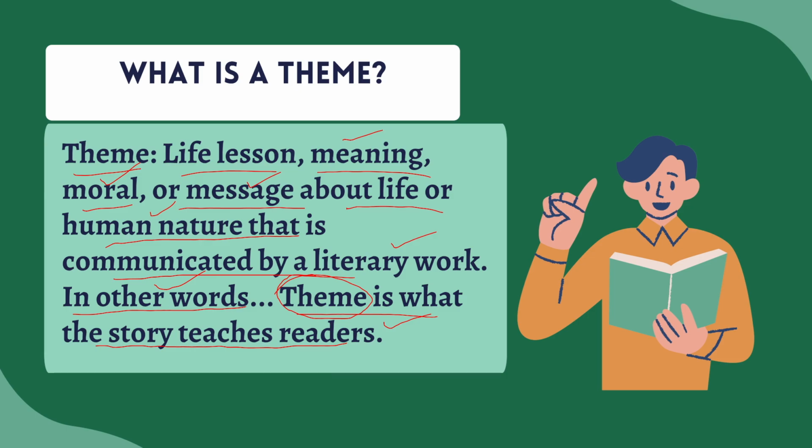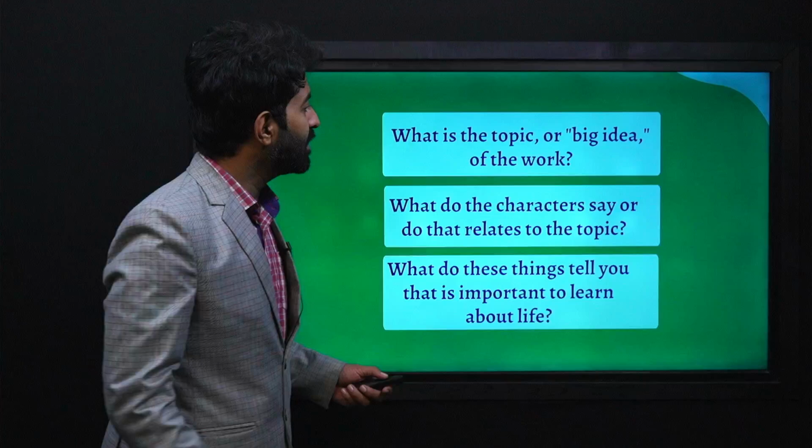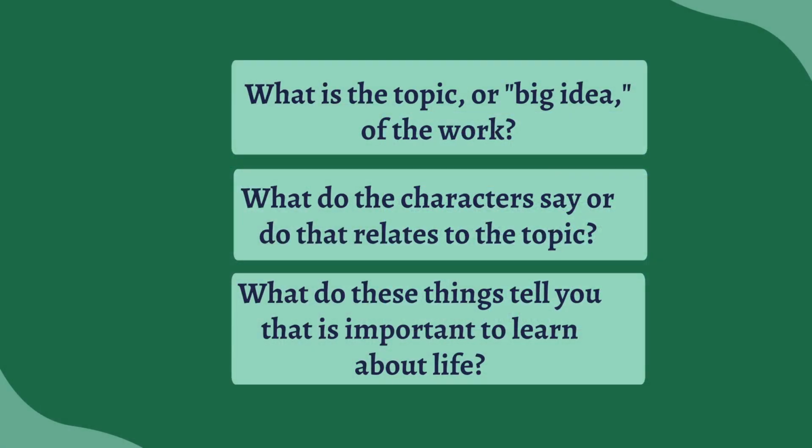Now, this is about our theme, and now let's see what is the topic or big idea of the work. So when you're looking for one or more themes of any text, you will ask the question: what is the topic or big idea of the work? Then, what do the characters say or do that relates to the topic?